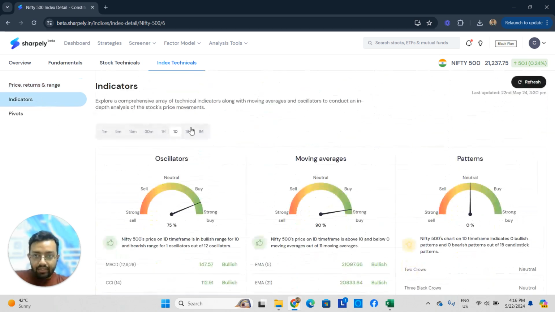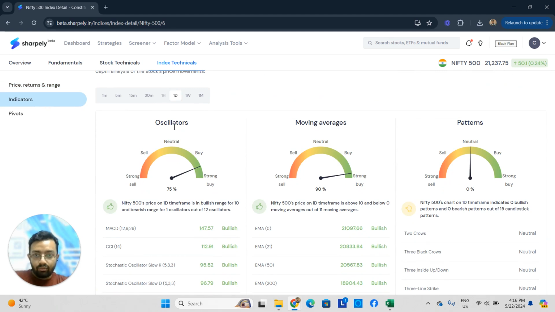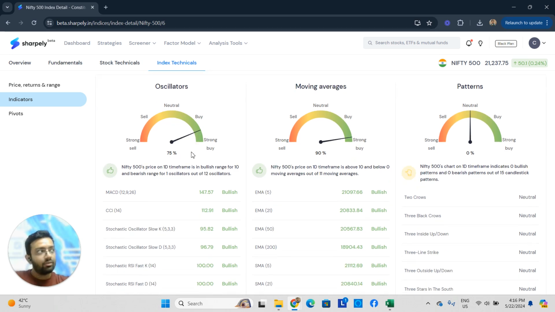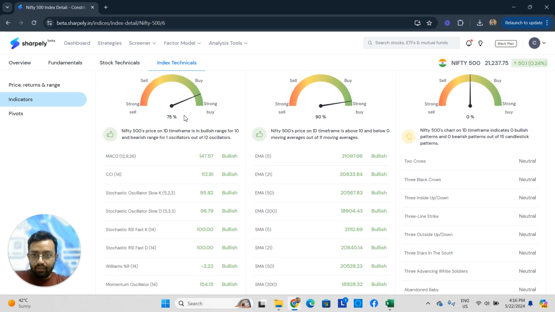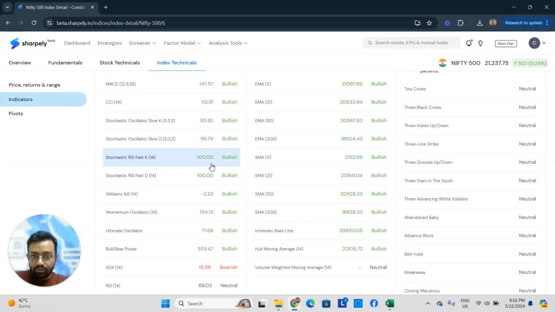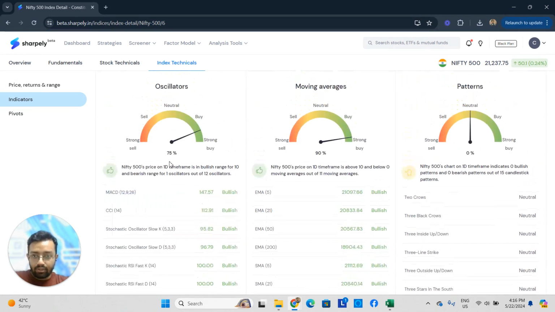Then we have this indicator section where we have three types of indicators: oscillators, moving averages, and patterns. Now you can again choose the time frame from 1 minute to 1 month, right? So I can look at this data in terms of oscillators. Many of the oscillators are right now bullish, and as you can see, out of 12, 10 oscillators are bullish.